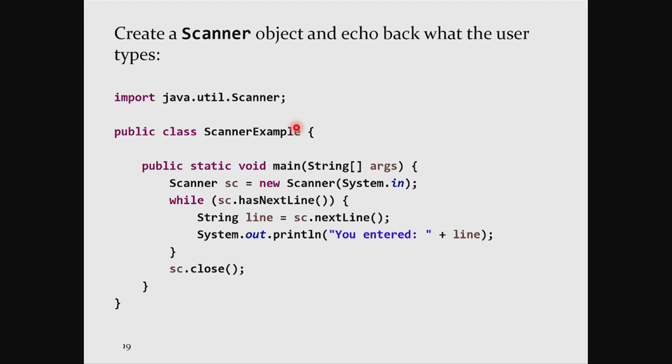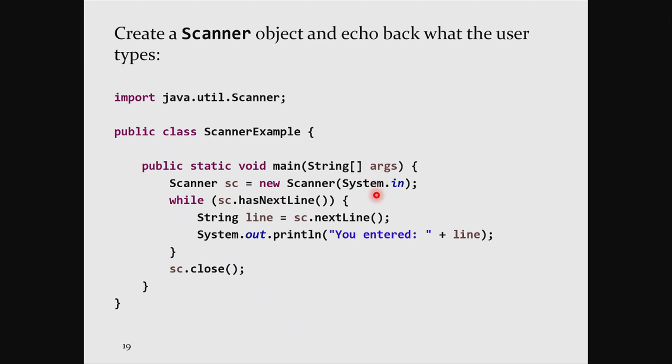Okay, so here's an example using the scanner where I'm going to read input from the user. I make a scanner. I want to read input from the keyboard, so I hook it up to System.in. This one is going to read input forever. There's a method called hasNextLine in the Scanner class that returns true if there's another line to read, in this case from the keyboard.